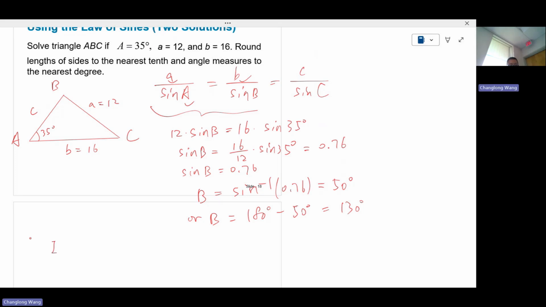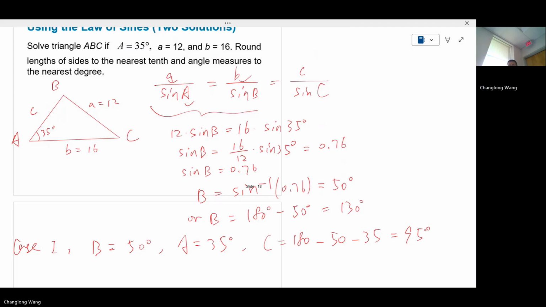So let's say case number 1, right? So if B is 50, A is 35, of course, right? So C has to be 180 minus 50 minus 35. Come on, right? So I believe this is 95, right?